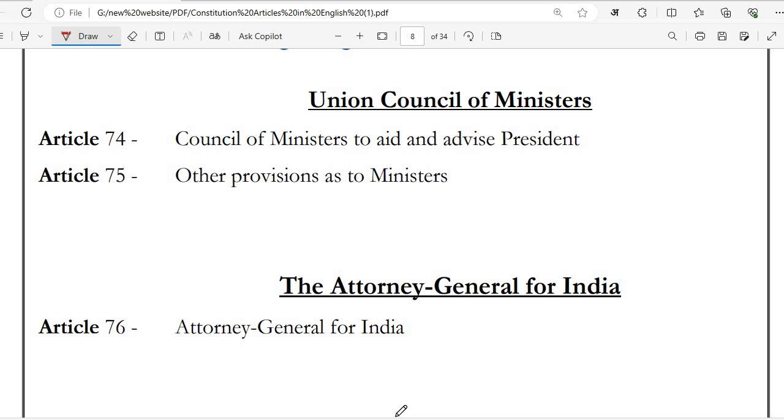And further added is the size of the Council of Ministers. In India now, the ministers may be 15% of the total strength of the Lok Sabha, and it cannot exceed that. Different types of provisions have been made under this, and the collective responsibility: the Prime Minister and his Council of Ministers are collectively responsible to the Indian Parliament.